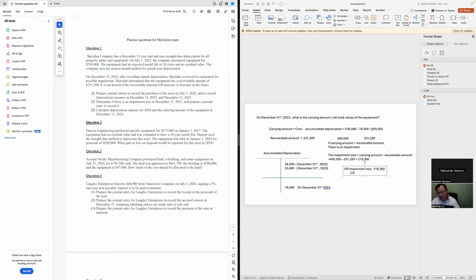So what should we do? The cost doesn't change, because the cost is what you paid. So if you want to decrease the carrying amount so that it equals the recoverable amount, do you have to increase cumulative depreciation or decrease cumulative depreciation?